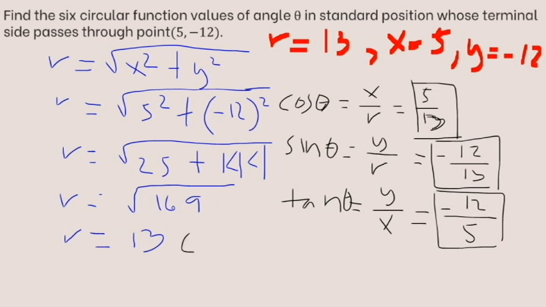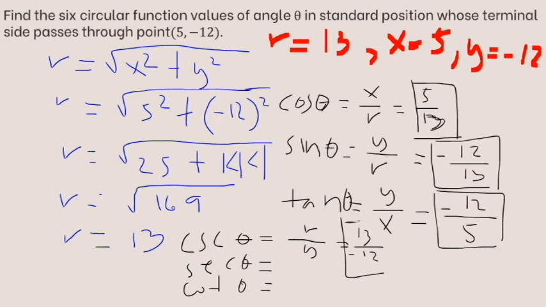The last three are the cosecant, the secant, and the cotangent of theta. These are the reciprocals of the primary trigonometric functions. Cosecant theta is the reciprocal of the sine, so it is r over y, where r is 13 and y is negative 12.